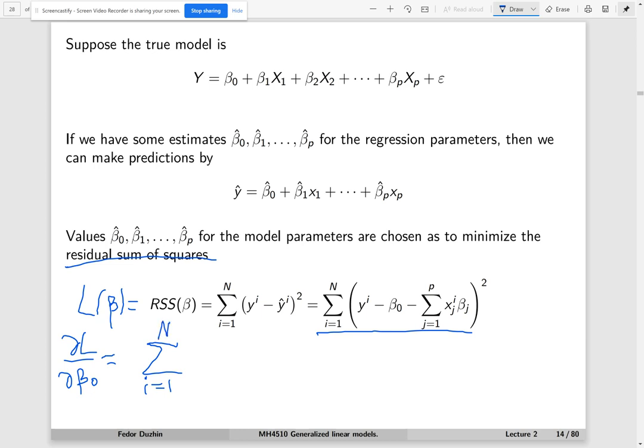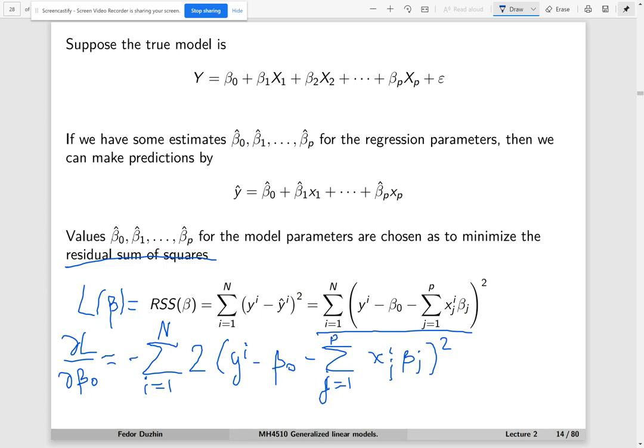Now we differentiate the square: 2 times whatever is inside the square, which is yi minus beta 0 minus the sum over j from 1 to p of xij beta j. Next, we multiply by the derivative of whatever is inside the square with respect to beta 0, and that's minus 1, right? So I'm going to just write the minus sign in front here.